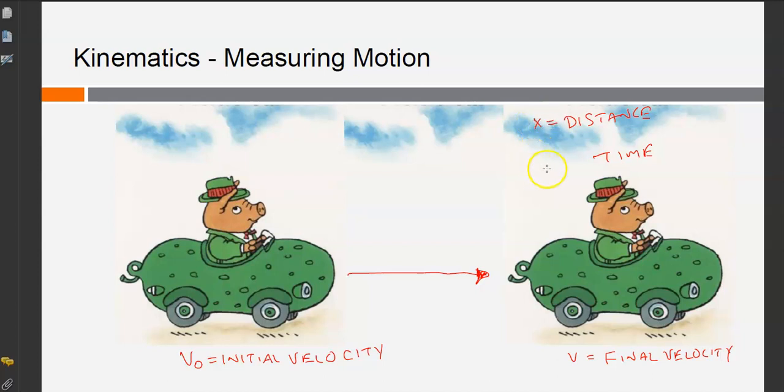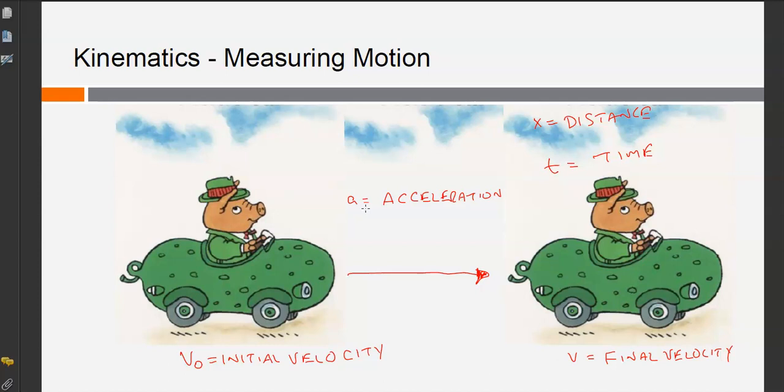X will work for now. T could be our stand-in for time. And then there's one more variable that we talk about when we do this, the acceleration, which measures how fast he's changing his speed. That would be A. All right? But try to keep that little picture in your head. Those are the 5 variables that we can and do measure with kinematics.